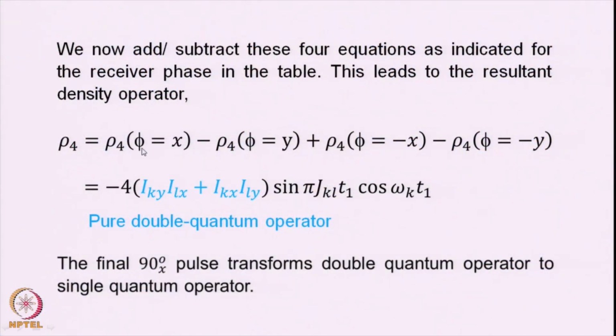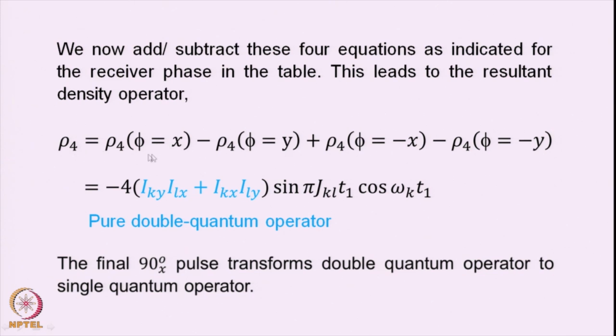That means, if I consider the operations of these 4 FIDs, and I take the plus sign, subtract the second result, add the third result and subtract the fourth result. Because anyway this is the phase cycling, the data is added or subtracted, so I can add those results here itself and see what the final density operator is at row 4.